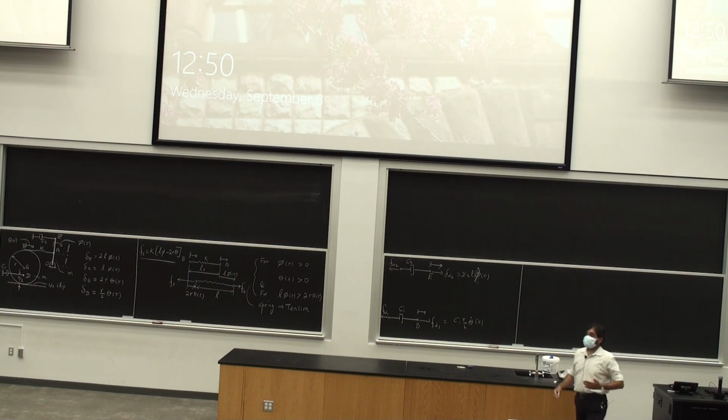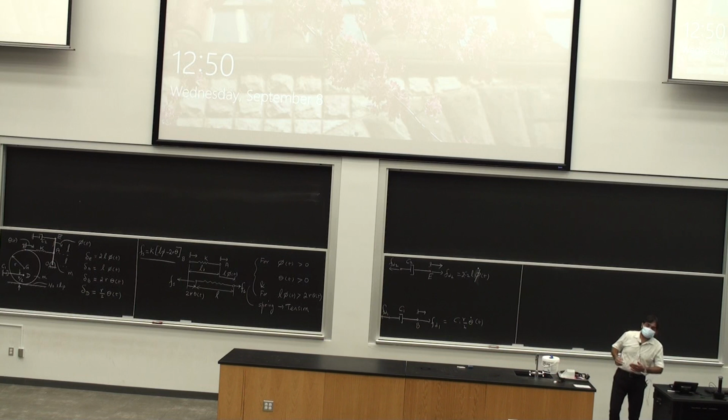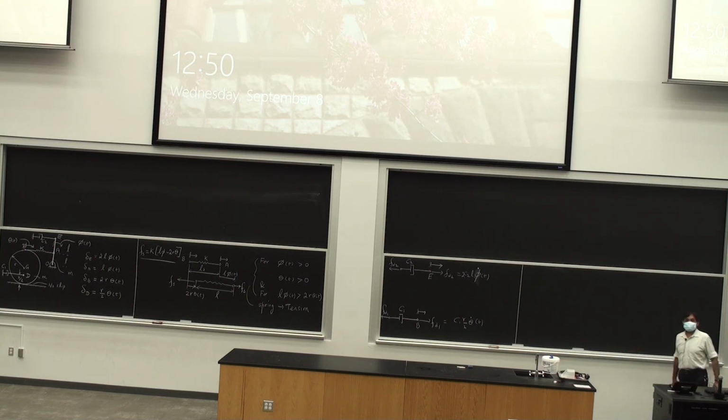Then I do the free body diagram of the disk and then that of the bar as well. We did not have time to write out the equations of motion for the bar, and I have a few things to say about that as well, so I'm going to do that here. For the bar, we already did the disk, so I'm going to skip that step and focus on the bar. Free body diagram.